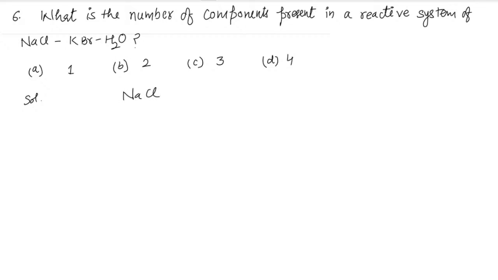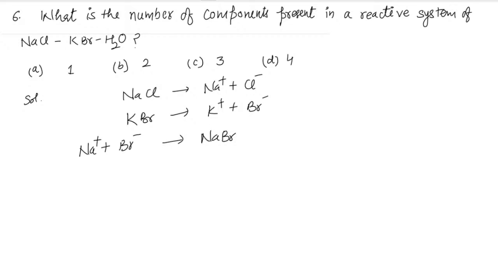See, NaCl gives Na plus and Cl negative, KBr will give K plus and Br negative, and now you know Na plus can react with Br negative to give NaBr, and K plus can react with Cl negative, means neutralization reaction takes place.